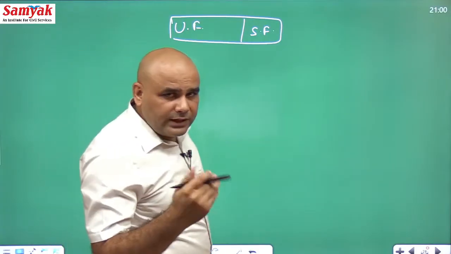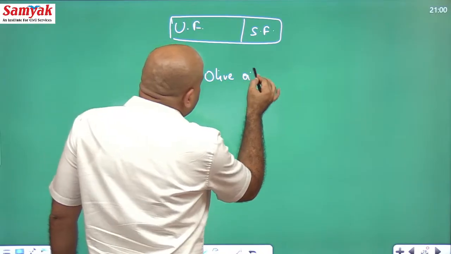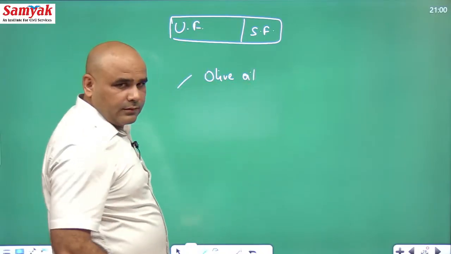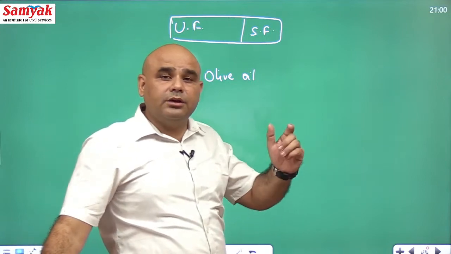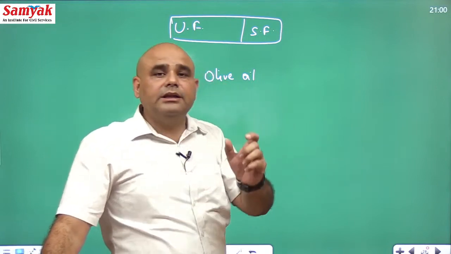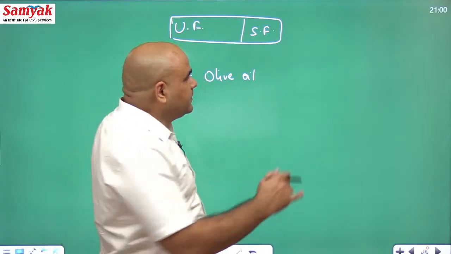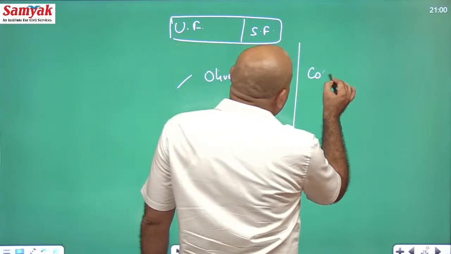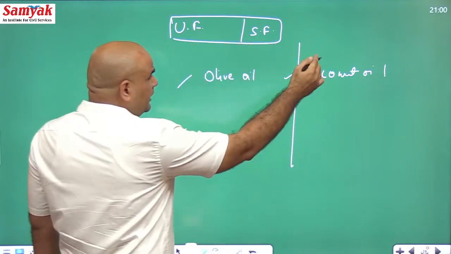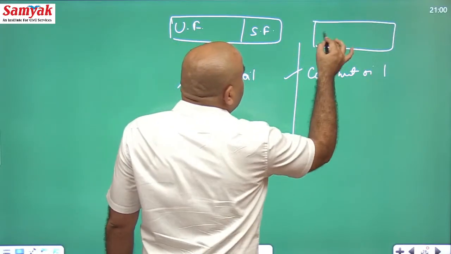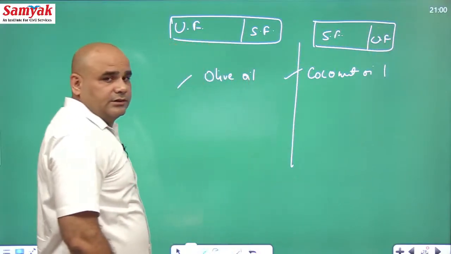So if they are going to ask you technically why olive oil is considered a good source of fat, my answer would be olive oil is considered a good source of fat because olive oil contains larger proportion of unsaturated fats. And if someone is going to ask me why coconut oil is not a good oil to eat, I will say the proportion of coconut oil is something like that. This much is saturated fat, this much is unsaturated fat.